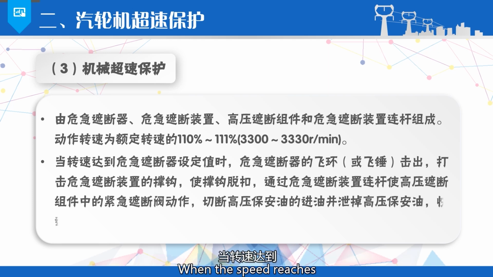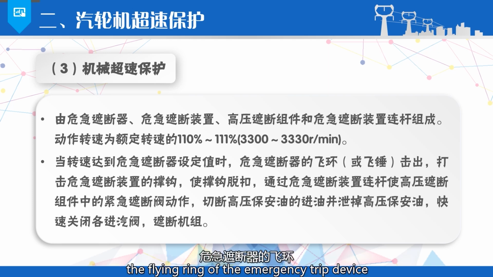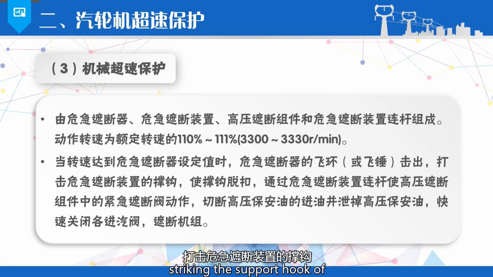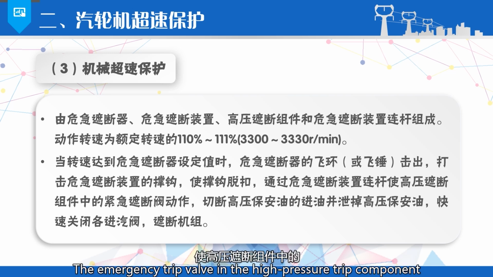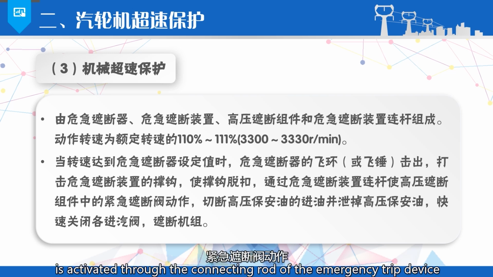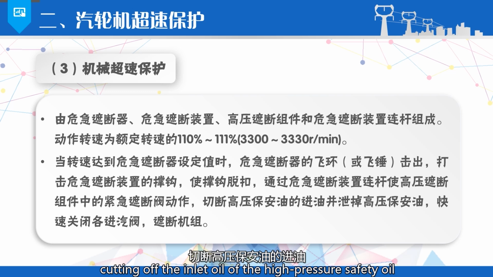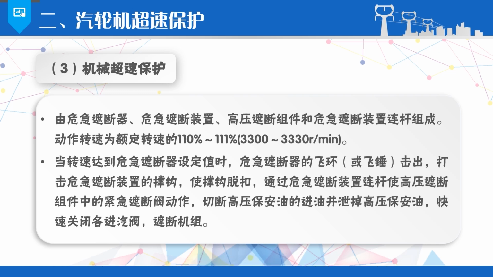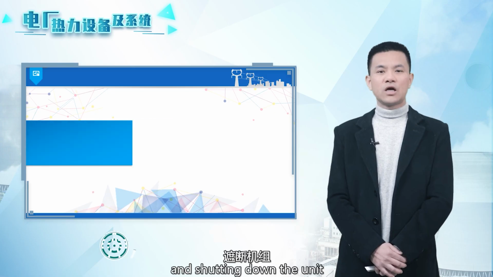When the speed reaches the set value of the emergency trip device, the flying ring or flying hammer hits out, striking the spot hook of the emergency trip device, causing the spot hook to trip. The emergency trip valve in the high-pressure trip component is activated through the connecting rod, cutting off the inlet oil of the high-pressure safety oil and releasing the high-pressure safety oil, quickly closing each inlet valve and shutting down the unit.